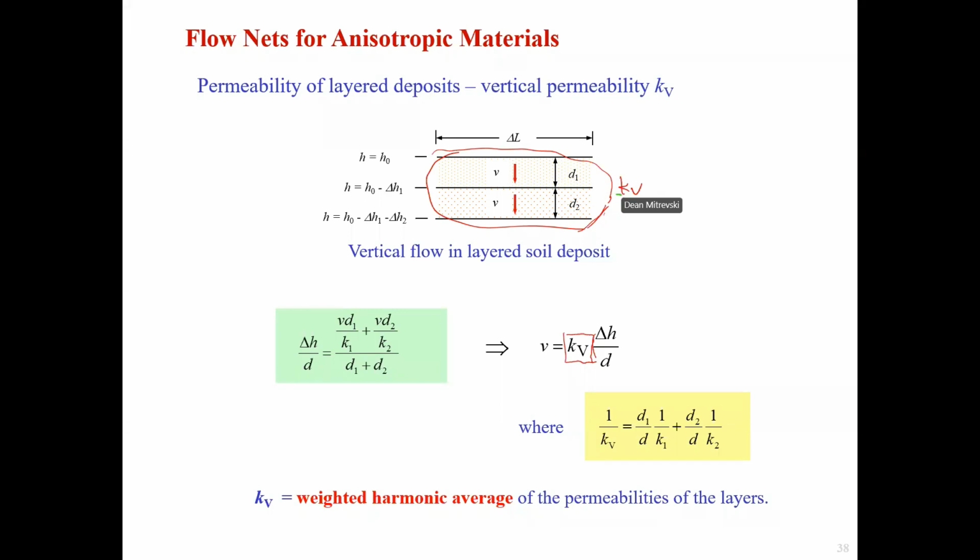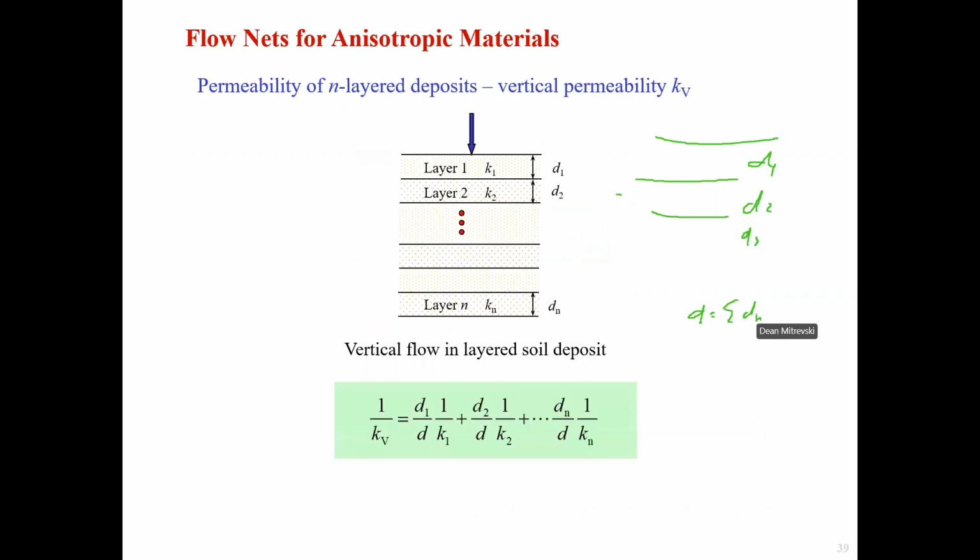Say we have layers 1, 2, 3. We have D1, D2 and D3, and D will be the sum of them. You see, we have D1, D2, D3 until Dn. So we just add more terms.